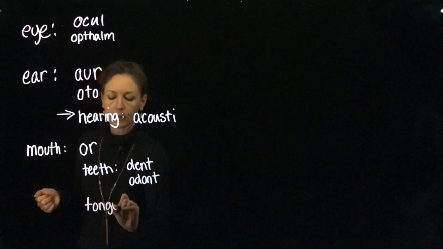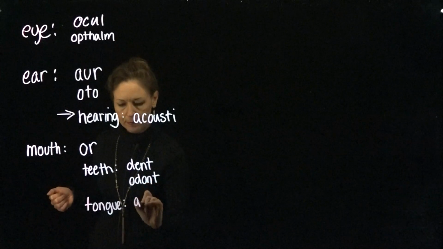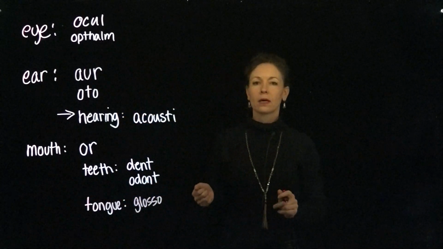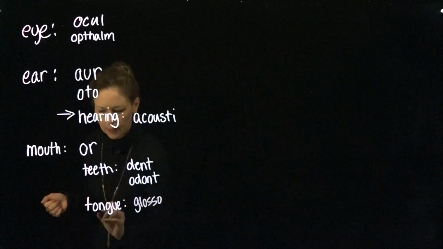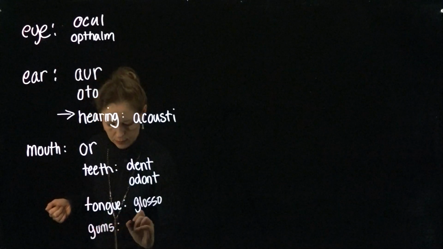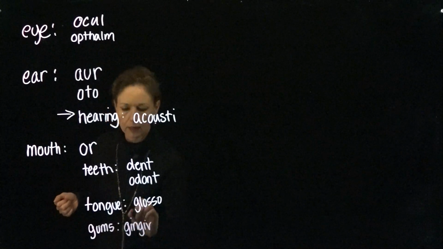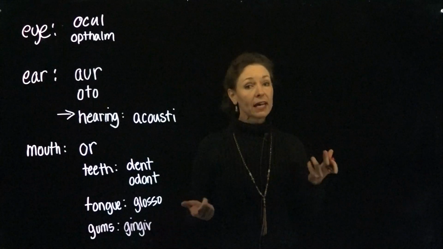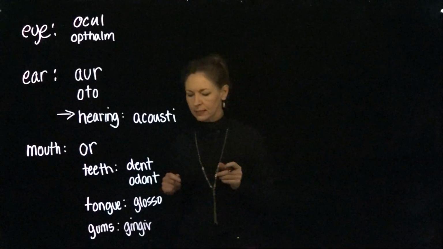In your mouth also is your tongue. Glosso, tongue. And your gums. Gingiva. So if you've heard of gingivitis, inflammation of your gums, I know there's a lot of commercials about gingivitis.